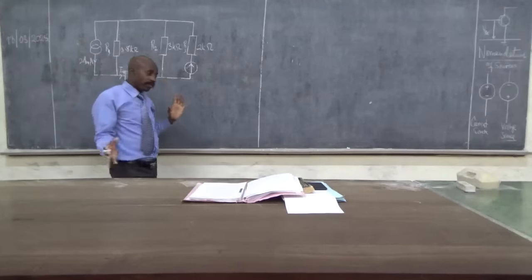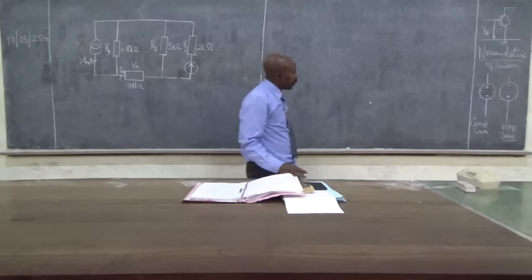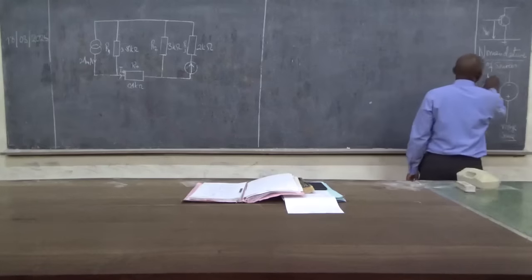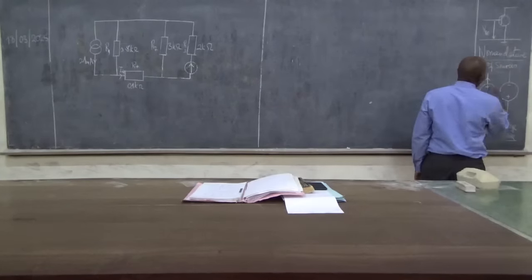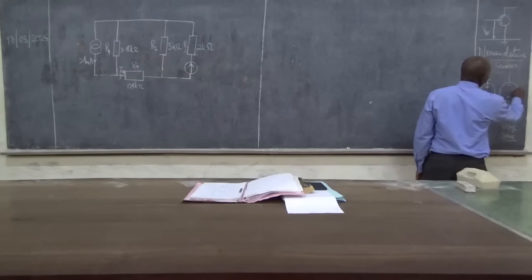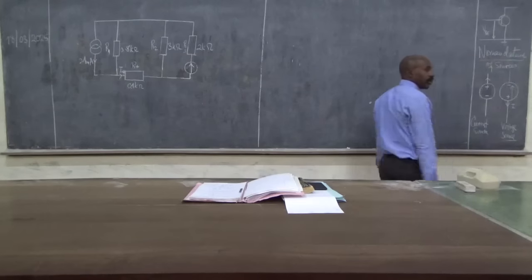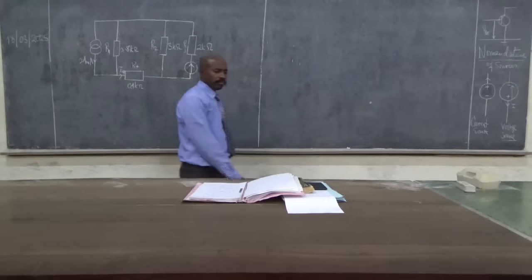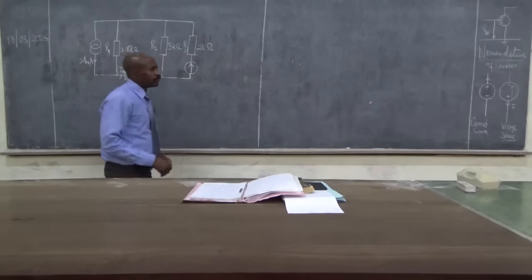I thought I could clarify that. I have to do it for you. So here the current will be flowing this way, and here then we will be having the potential being high here, and here the current will be flowing this direction.